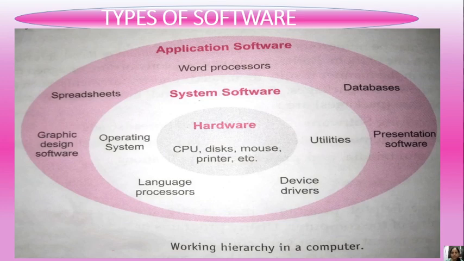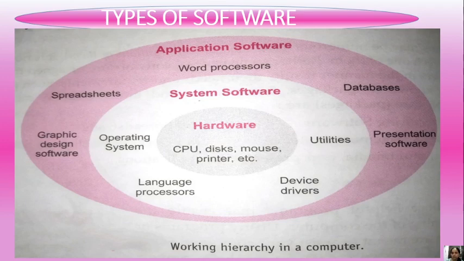It means first, if you have hardware, CPU, disk, all the parts, if you have assembled one particular computer system, that is hardware only. And after installation of the operating system, that is the second circle, system software. After you have installed system software, you can install application software.